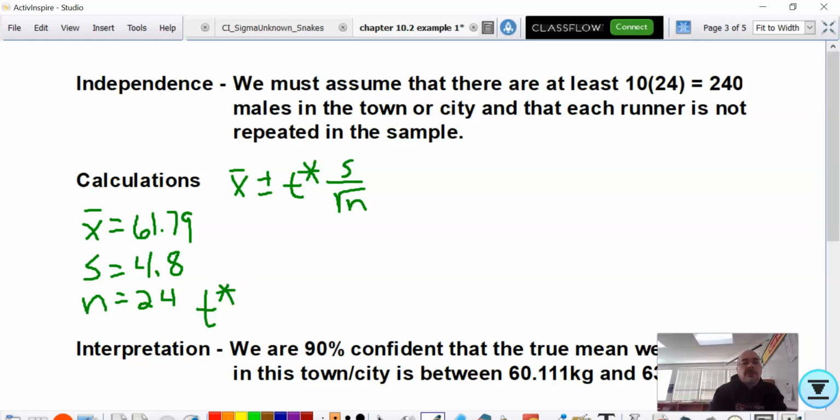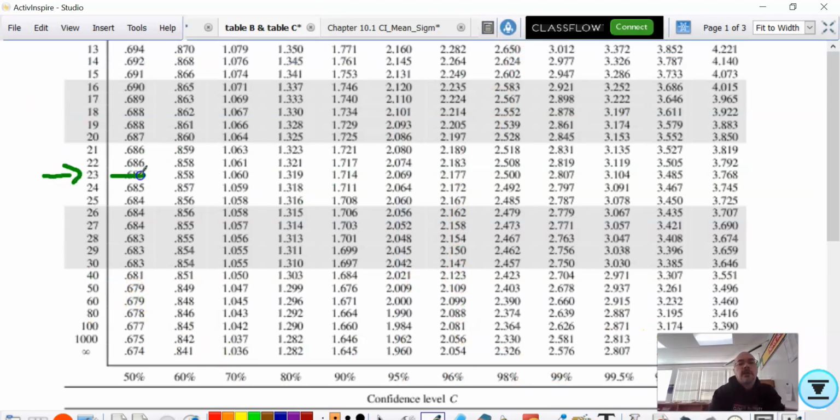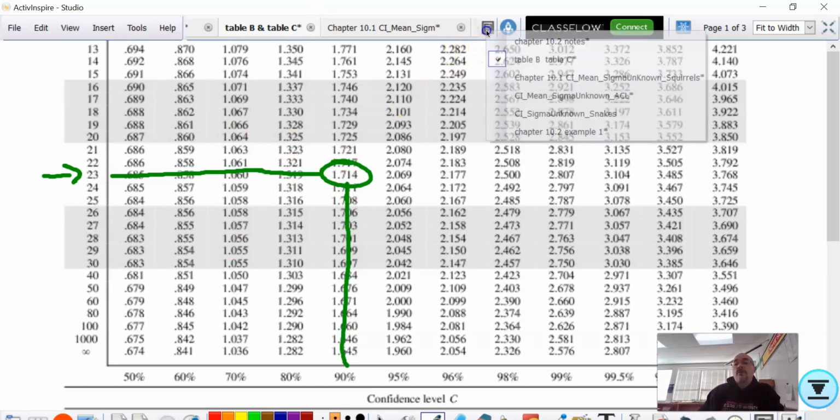Remember, ladies and gentlemen, it said 90% confidence, and our degrees of freedom is 23. So I'm going to go back to the table. Our degrees of freedom is 23, and 90%. So our t star is 1.714.